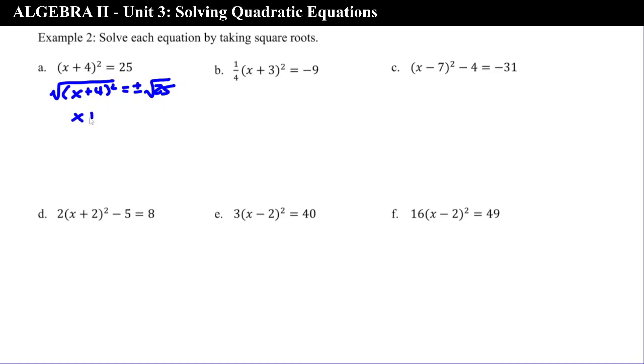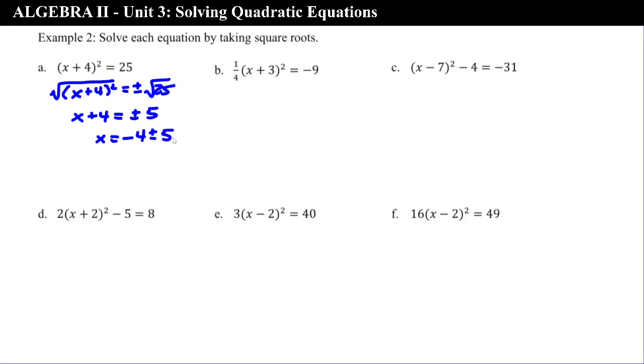That's going to leave us with x plus 4 on the left-hand side. On the right-hand side, we have plus or minus 5. And then we're going to subtract 4 from each side. Because remember, this x plus 4 was in parentheses, and parentheses is the last thing we do. And so what was in the parentheses is the last thing we're doing here. So we have negative 4 plus or minus 5.